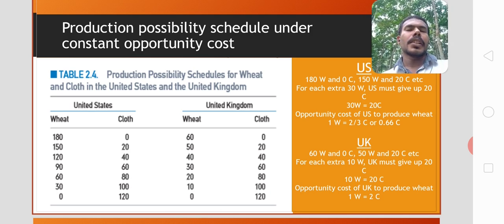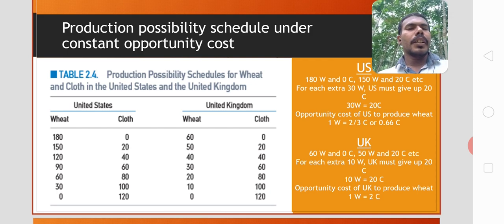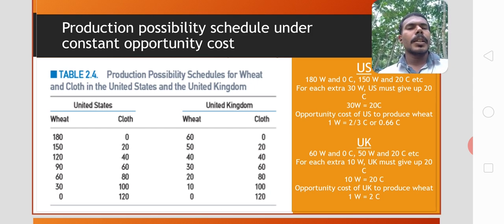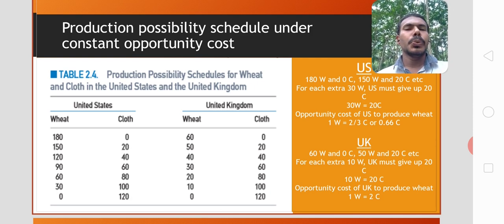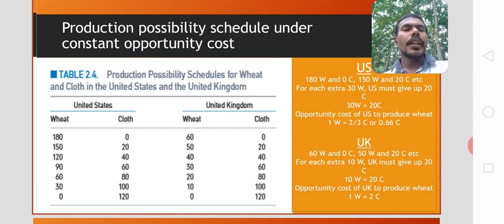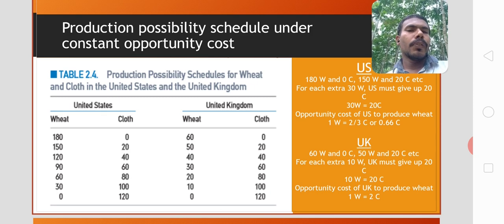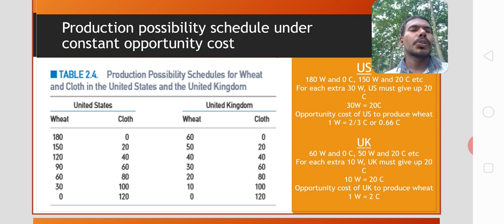So whenever the United States starts producing 30 units of wheat, the production level of cloth will come down from 120 to 100. That means 30 additional units of wheat are produced at the expense of 20 cloth. Then 30 wheat is equal to 20 cloth. This is the opportunity cost.